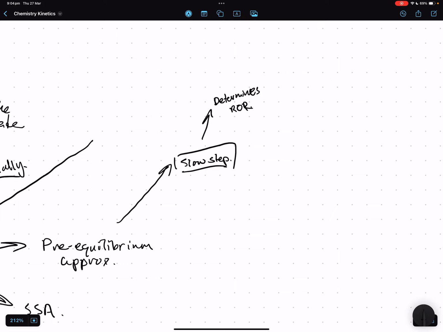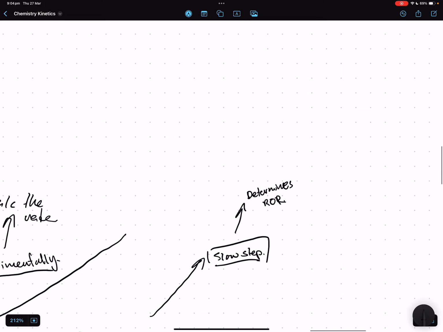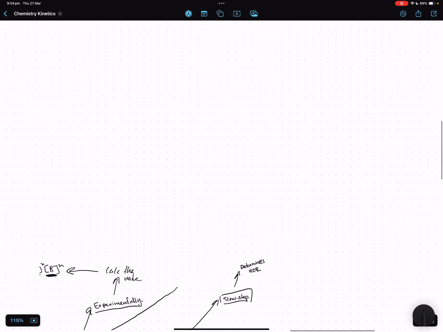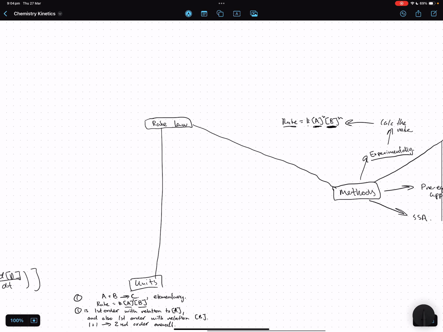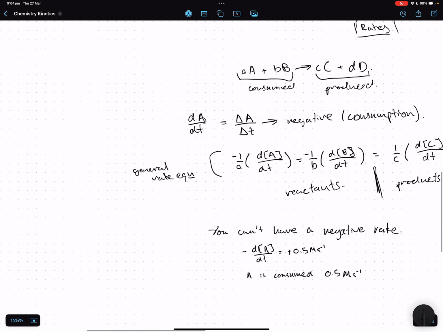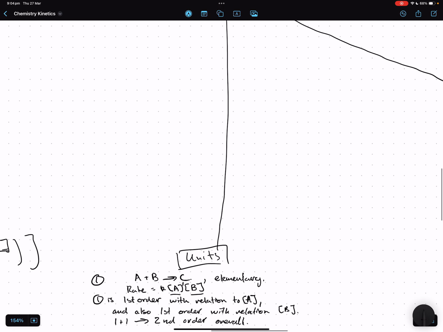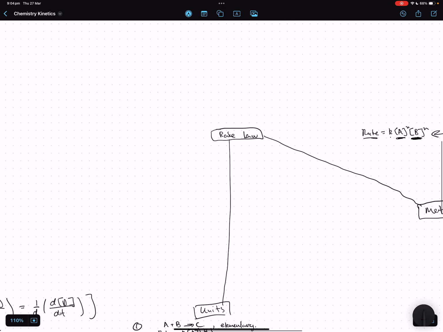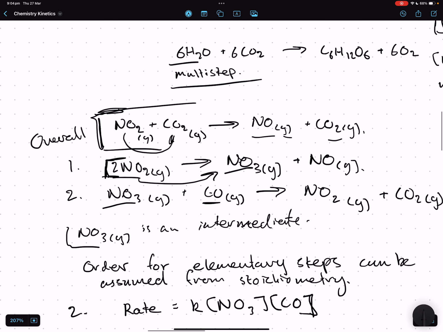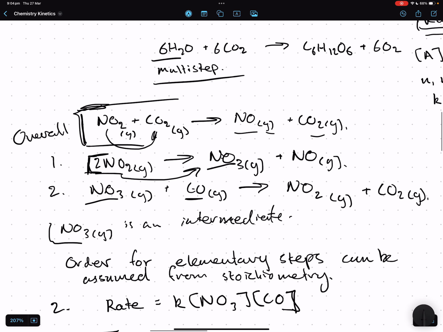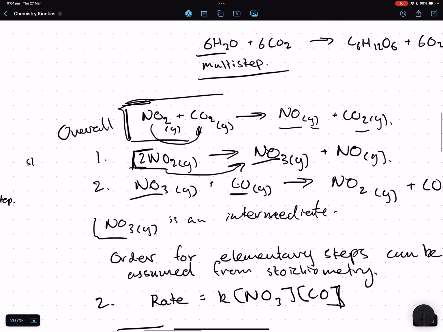If you have a slow step, let's say in this mechanism over here, that's in rate law, let's say this is the slow one.